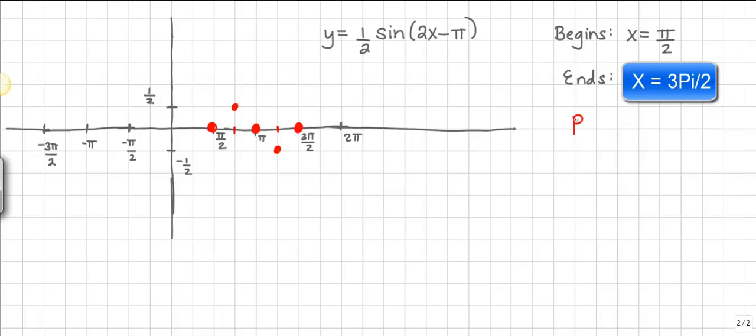So since the period is pi, all you have to do is add pi to where you end. Okay, so if I add pi, which is 2 pi over 2, I would get 5 pi over 2. And I'd get another middle, and then left to right, high, low, okay? Or I could back it up and subtract pi units.